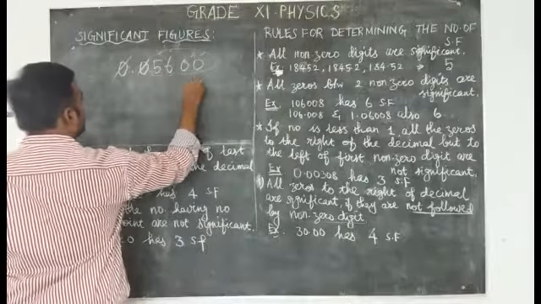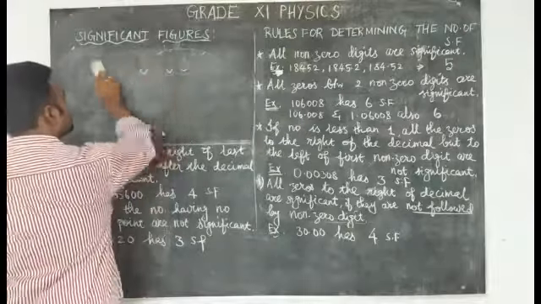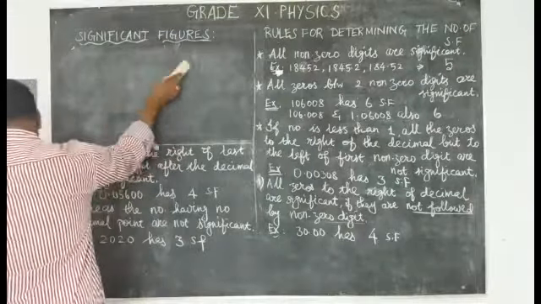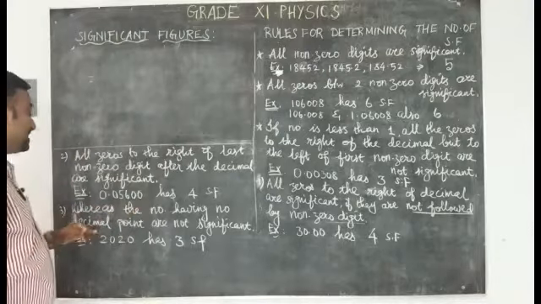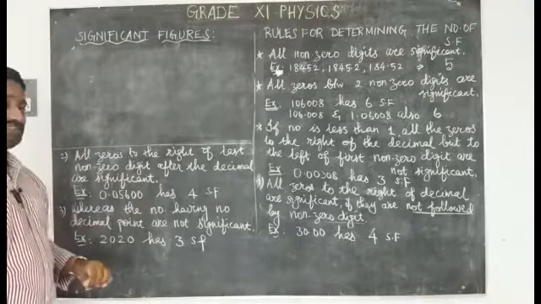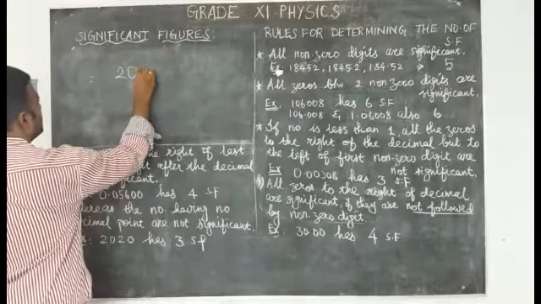So all together, what is the significant figure? It is 4. Okay, then the next one, the last rule: if the number has no decimal point, trailing zeros are not significant. Take the year 2020.